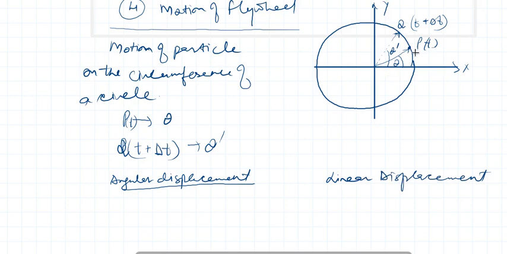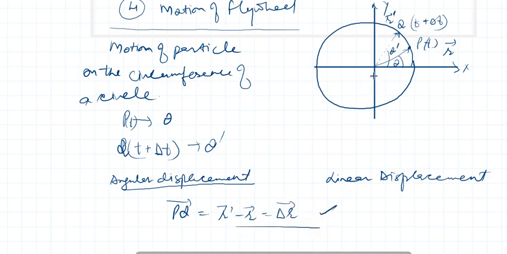Say at point P its position vector is r, and the position vector of Q is r prime, then the displacement vector is P to Q. It is nothing but r prime minus r vector, and let me call it delta r. So it is the linear displacement of the particle.